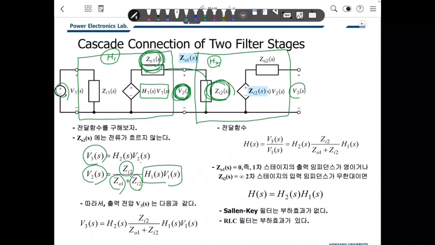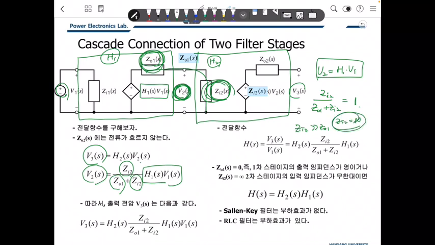So ideally, V3 should be H2 H1 V1. To make this, what should we do? GO1 plus GI2, and GI2 should give 1. We have two ways. What is that? GI2 is very high relative to GO1. So GI2 is infinity, then the ratio is always 1.